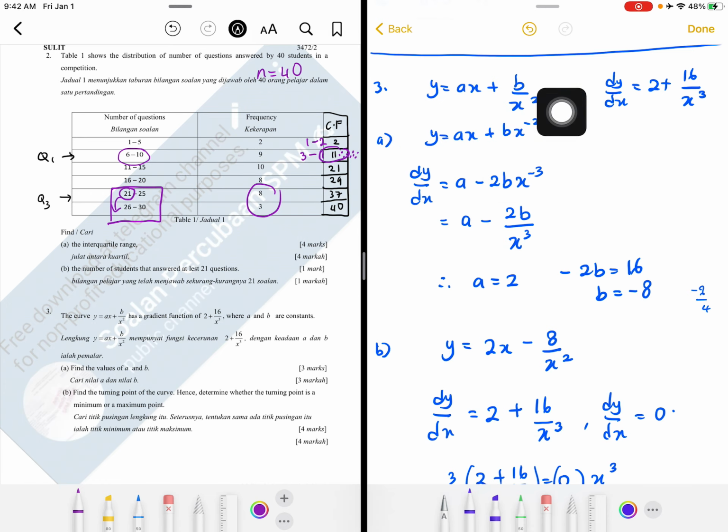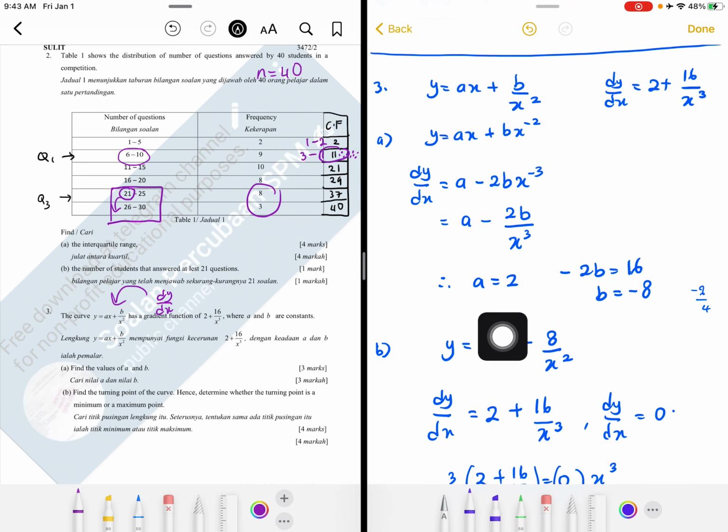After you differentiate the curve, you should get 2 plus 16 over x cubed. So sebenarnya gradient function ni adalah, selain daripada perkataan dia gradient function, it's actually dy over dx daripada yang ini. So you differentiate this equation of the curve, then you should get 2 plus 16 over x cubed.